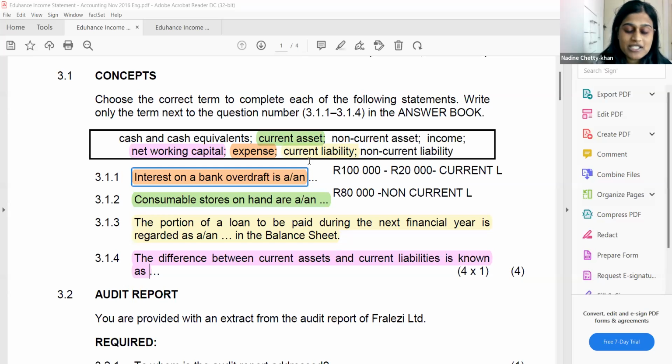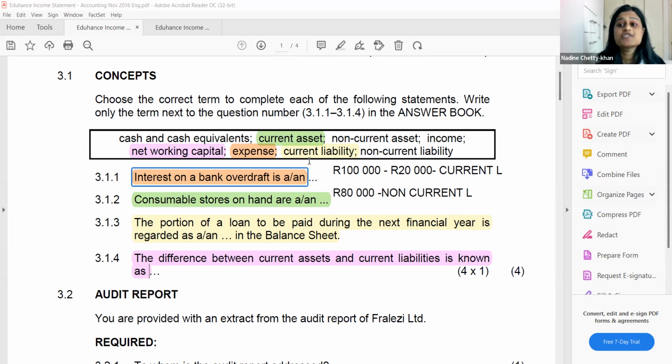And finally, the difference between current assets and current liabilities is known as... So current assets and current liabilities, the common term there is current. Current implies within 12 months for our purposes. So current asset is basically an asset that can be converted into cash within 12 months or is already cash.